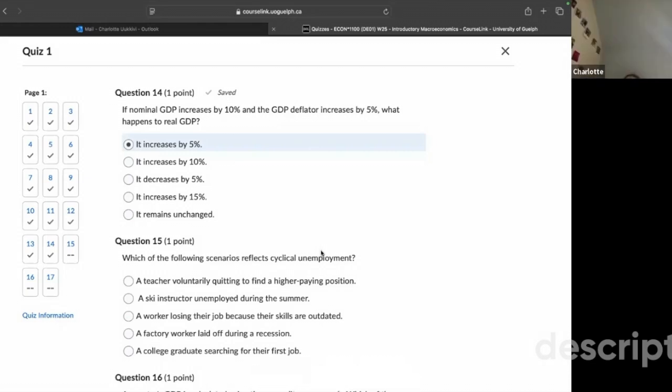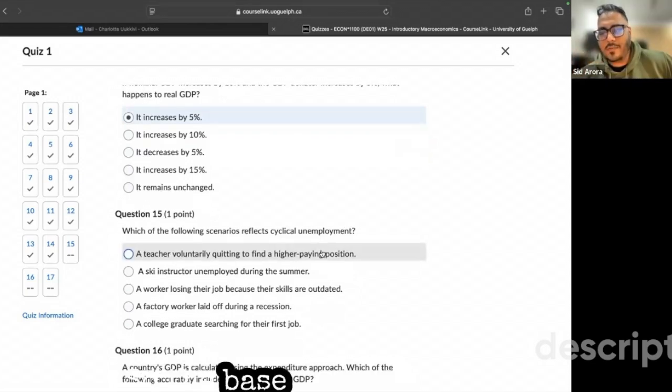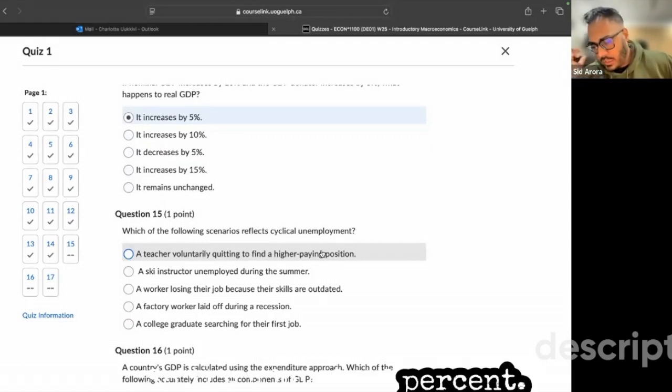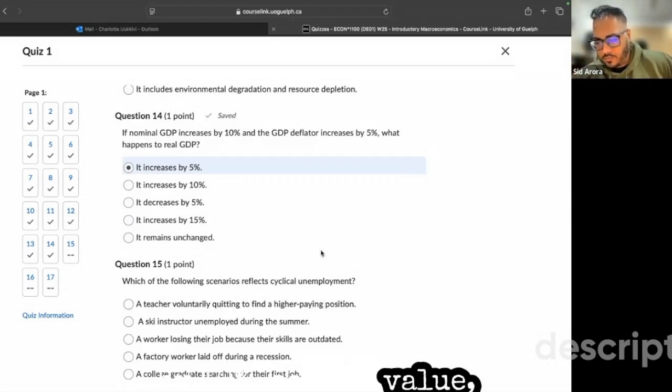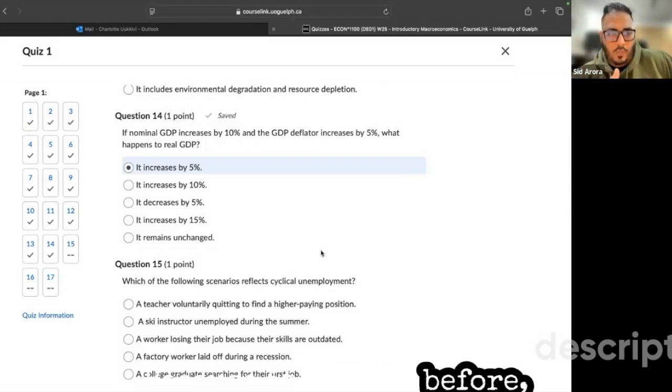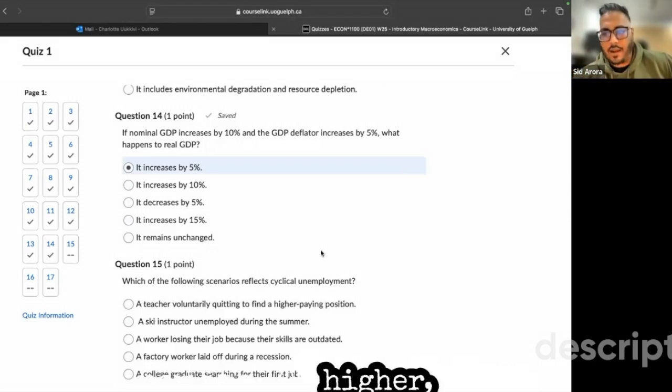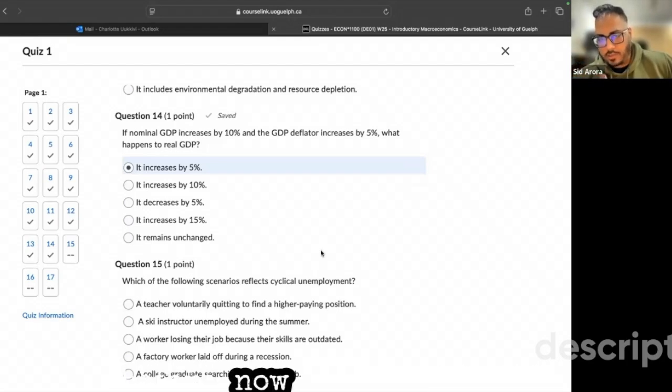So the base level prices, we assume it's 1, right? It's at 100%. If the nominal GDP increases by 10%, that value, if you look at the formula, would become 1.1, because it was 1 before, now it's 10% higher. And the deflator was 1 before, now it's 5% higher, so it's 1.05.